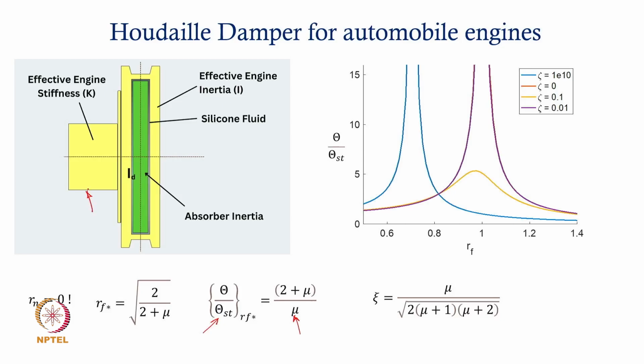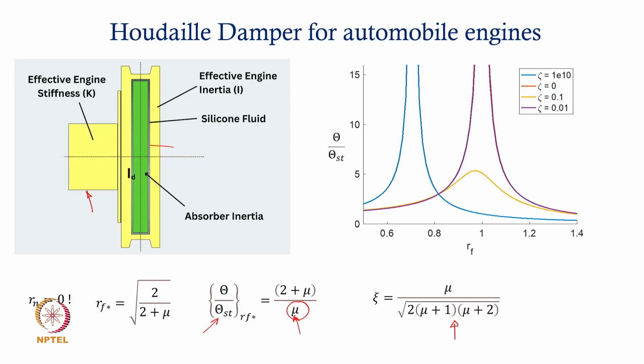From the stress consideration, theta can be limited, and with that limiting value of theta, mu gets decided. Once mu gets decided, you have only this expression to figure out what should be the effective damping coefficient provided by this fluid in that cavity.